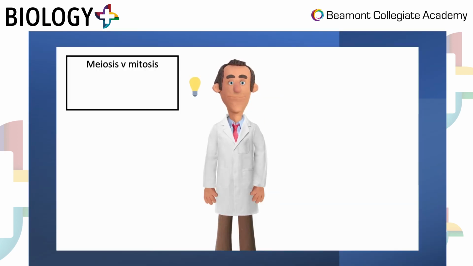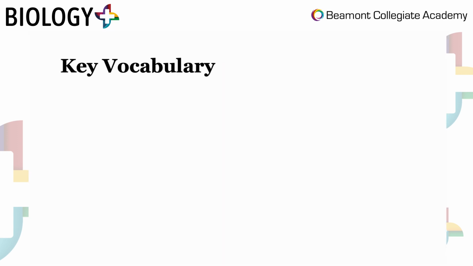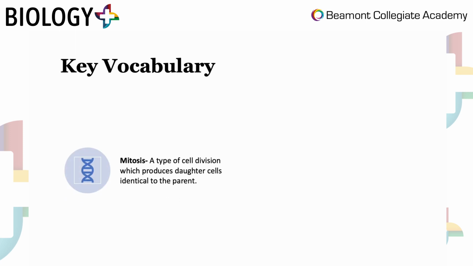Some key knowledge. Have you revised this topic yet? Key vocabulary. Mitosis, a type of cell division which produces daughter cells identical to the parent.